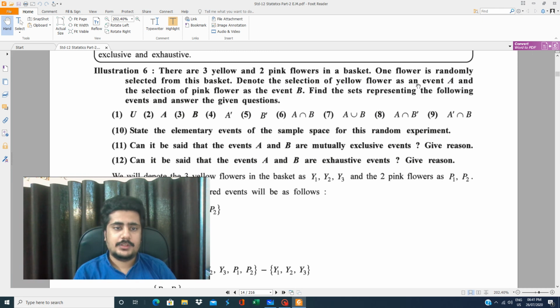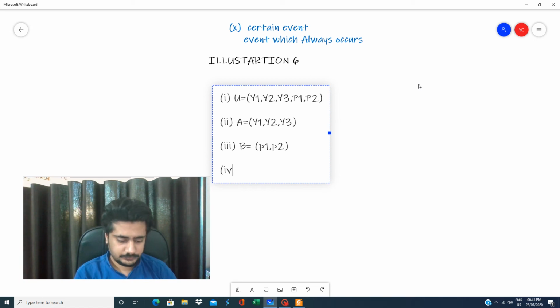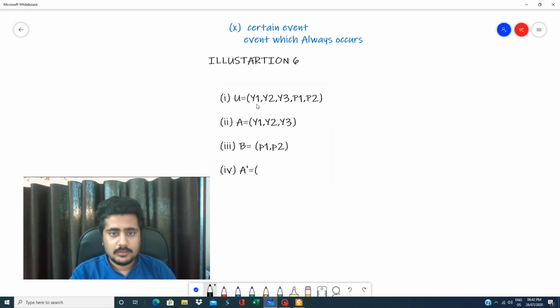What is the fourth question? It is A dash. Now what is A dash? I told you that you have to look into the sample space. Events other than A are A dash. Okay, how, sir? You have to look into the sample space.